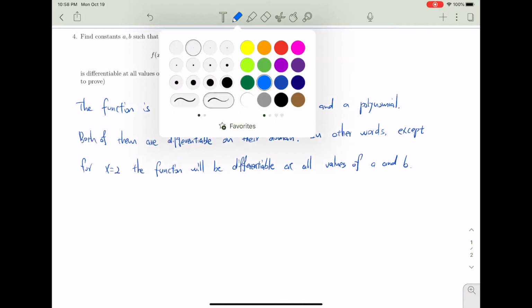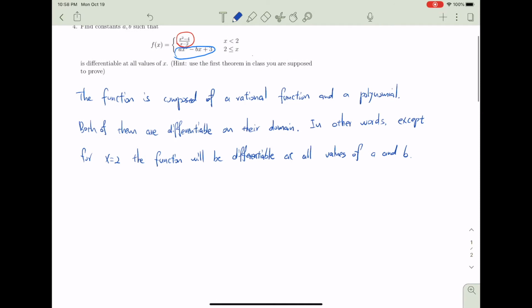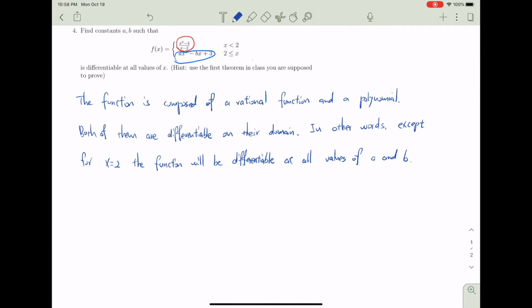But there's another thing we need to keep in mind, which is the hint: use the first theorem in class. That is, if a function is differentiable at a point, then it has to be continuous at that point, because differentiability implies continuity, but the other way around is not true. So let's write this down.